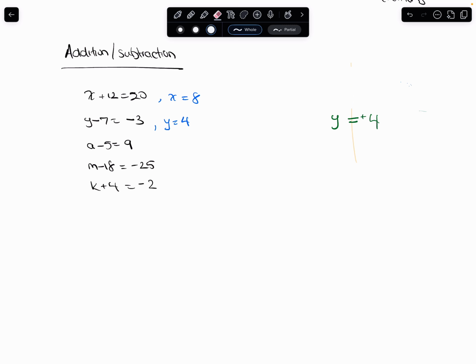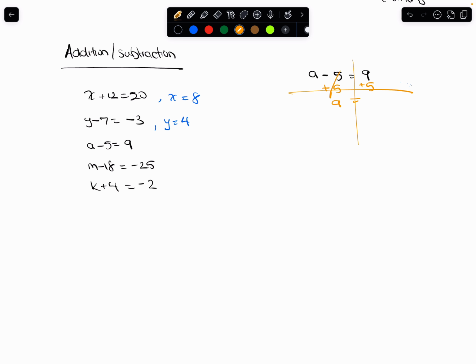And let's run through all these others. A minus 5 equals 9. Make our line. Plus 5 to get the a by itself. Plus 5 on the other side.